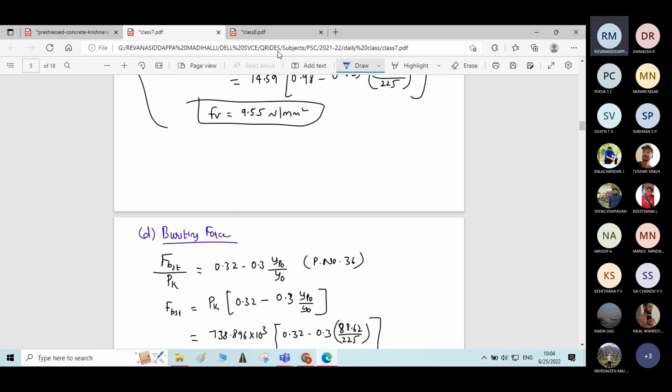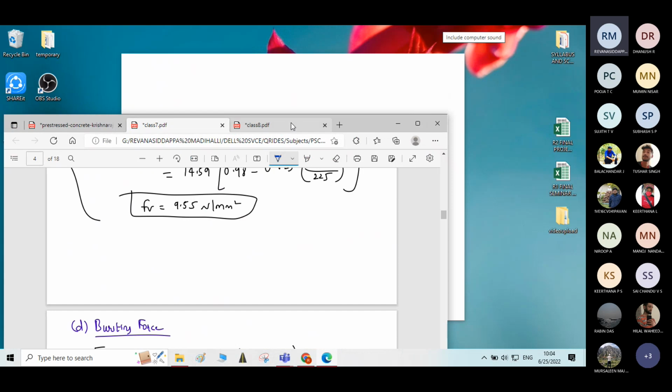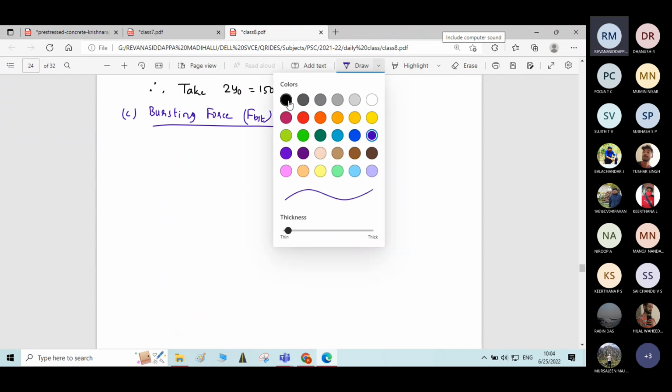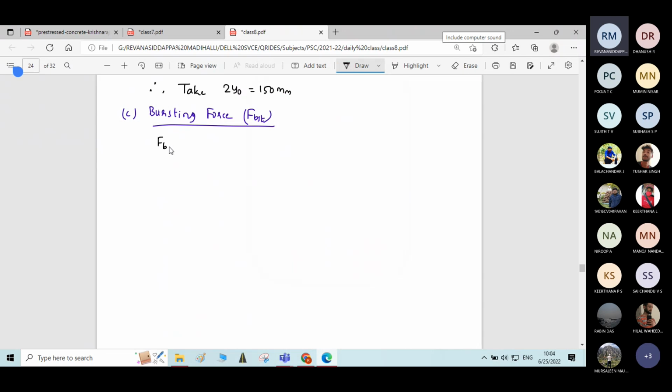In page number 36 of the IS 1343 code book, it is available. Therefore, we have the formula: FBST divided by the stressing force Pk is equal to 0.32 minus 0.3 Yp naught divided by Y naught, which is available in page number 36 of IS 1343 1980.